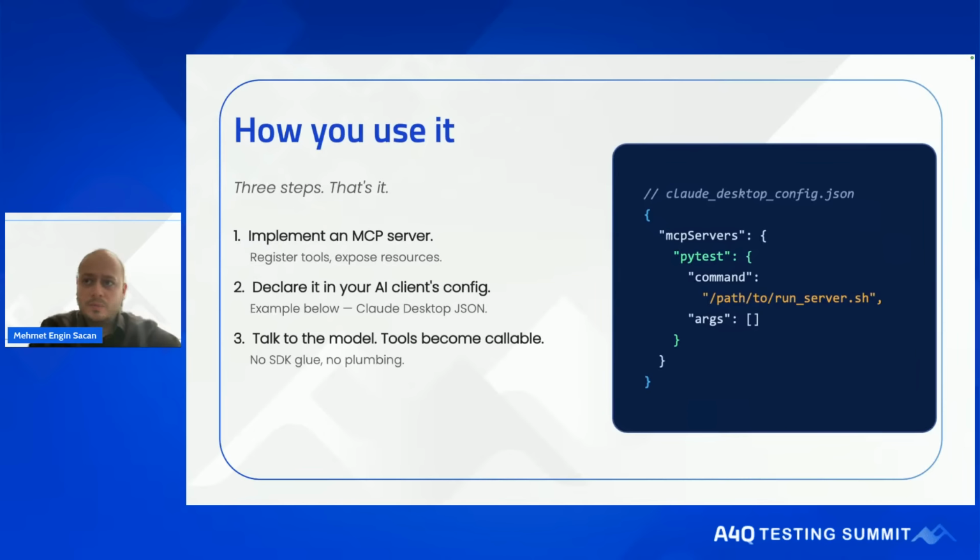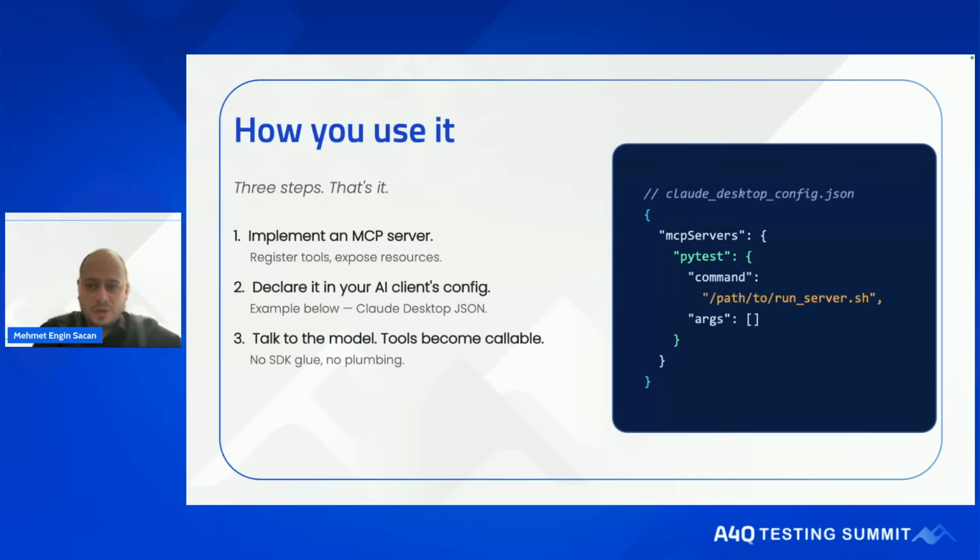So how can we actually use it? There are 3 easy steps. Step 1, implement an MCP server. The Python SDK from Anthropic gives you a server class and decorators to register your tools. Step 2, tell your AI agent where the server lives.